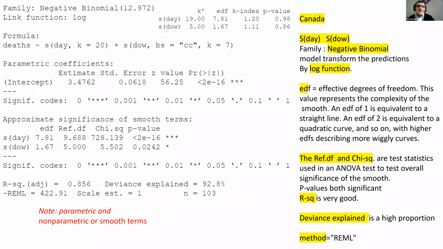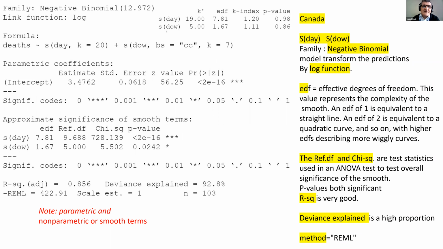So I use this GAM model for the case of Canada for two variables, s of day and s of day of the week. As you see, we have lots of parameters here. The intercept has three stars, which means it is statistically significant at the level of 0.